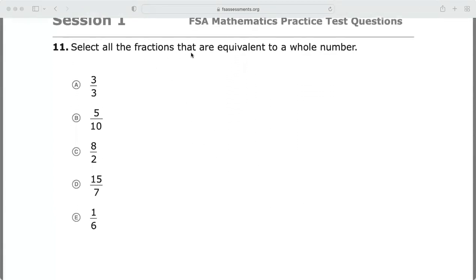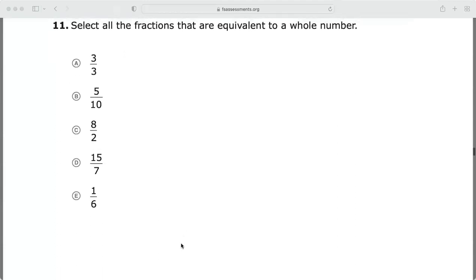Select all the fractions that are equivalent, the same as, equal to a whole number. Okay, so this one is equal to 1 because 3 divided by 3 is 1. This one, 5 over 10 is 1/2, so that is not a whole number.